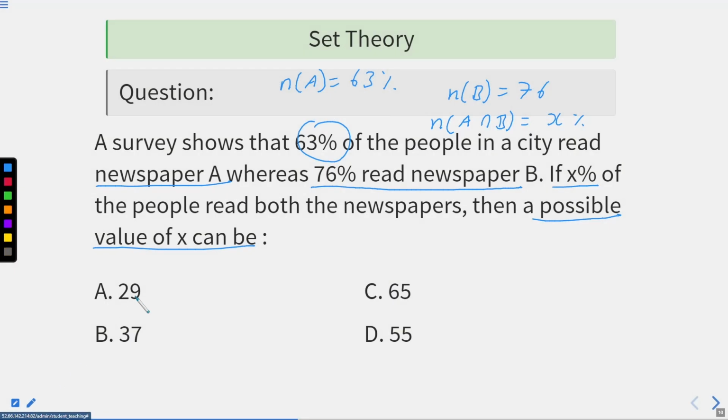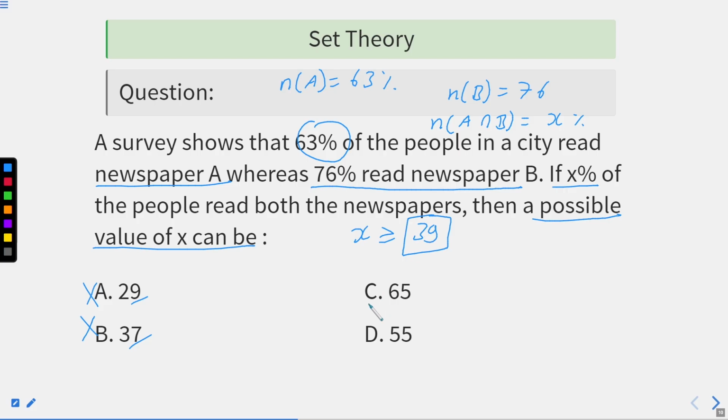Now let's eliminate some of our possibilities. We know the X value must be greater than this. So options A and B we can easily eliminate, because X cannot be 29 or 37; X must be greater than or equal to 39.